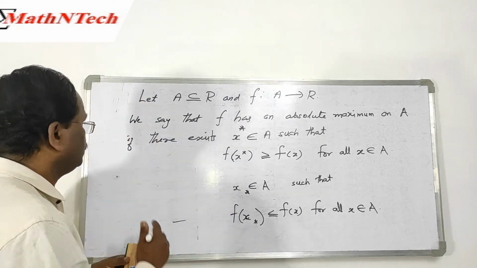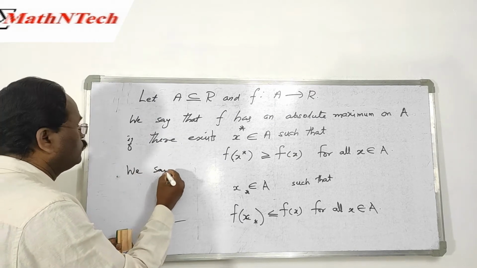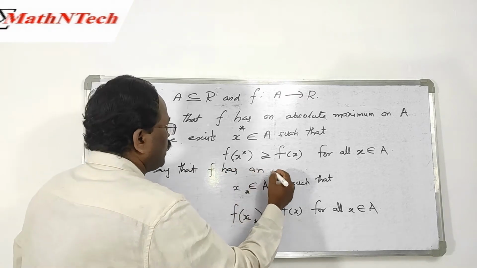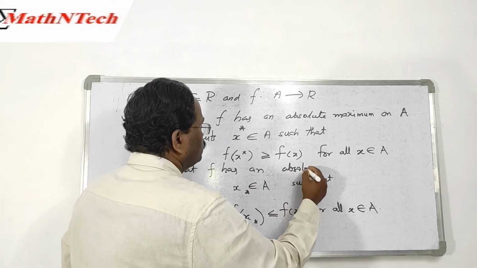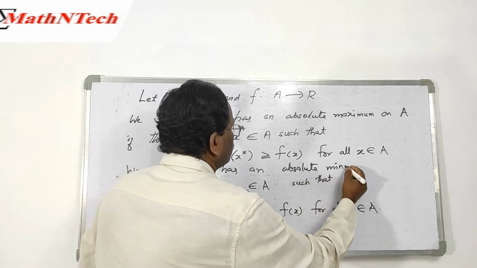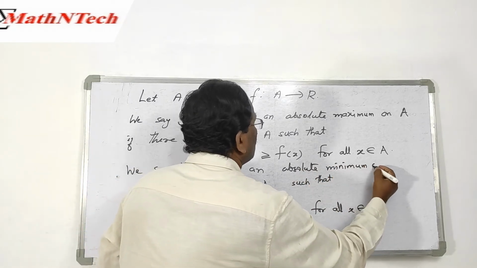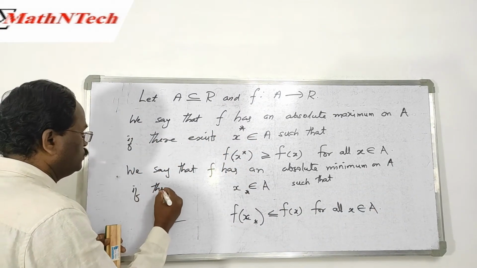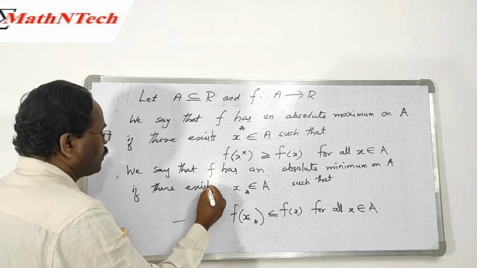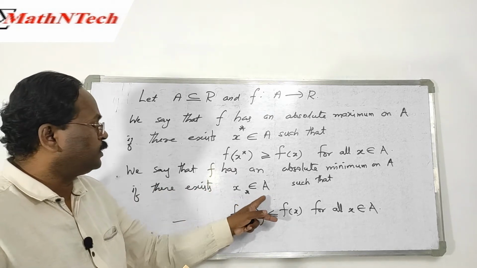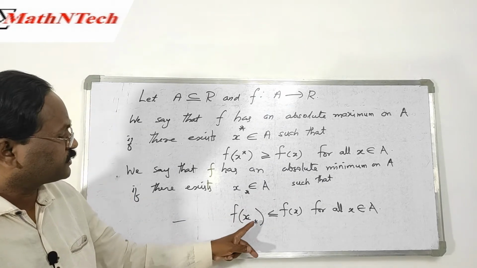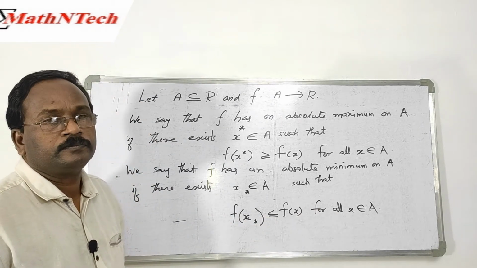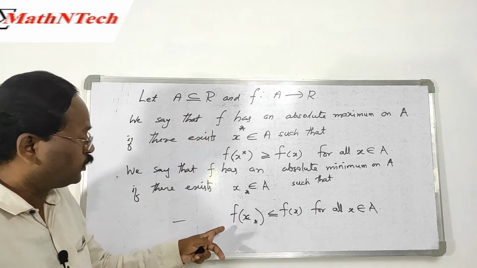So we say that f has an absolute minimum on A if there exists x star element of A such that f at x star is less than or equal to f of x for all x element of A. So note these definitions.